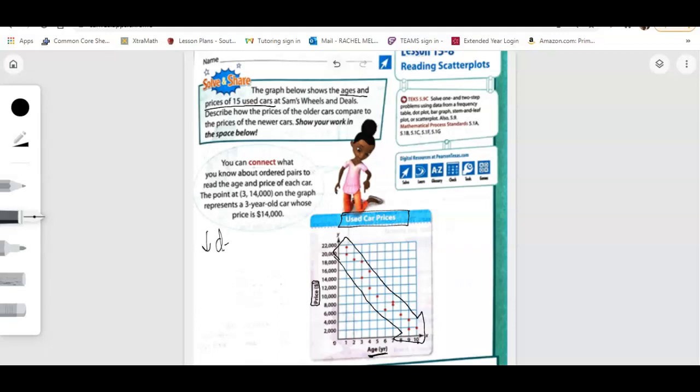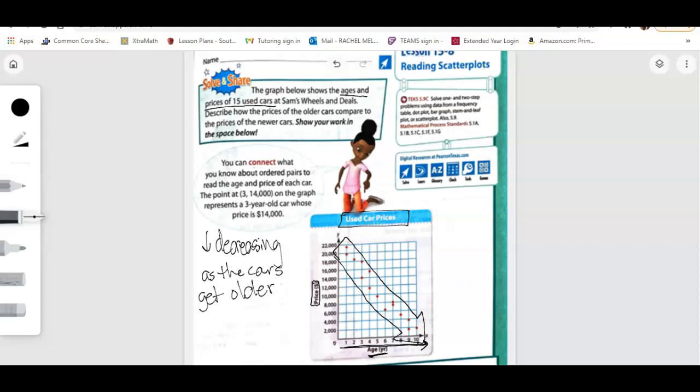That is decreasing. Okay, so the question is asking me, I know it's decreasing, but what is that relationship? Okay, so I look at it this way. As the cars get older, so I looked on the x-axis, cars are getting older.